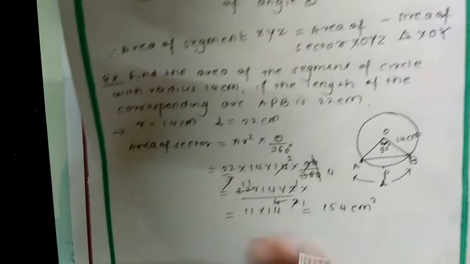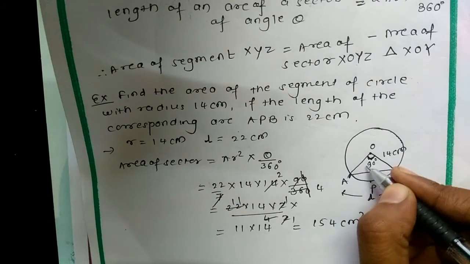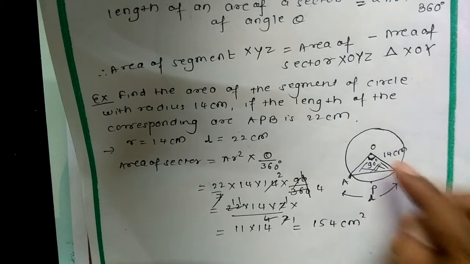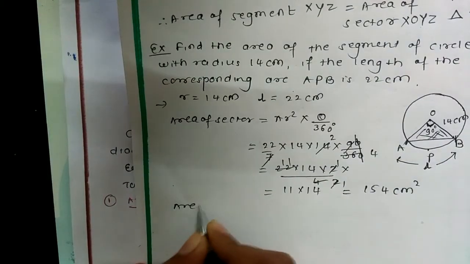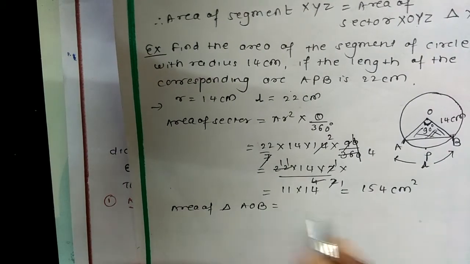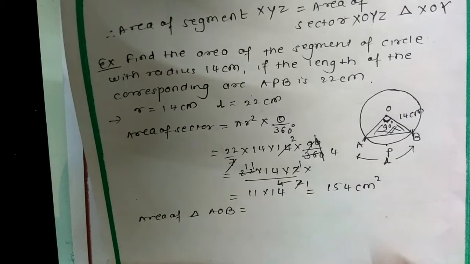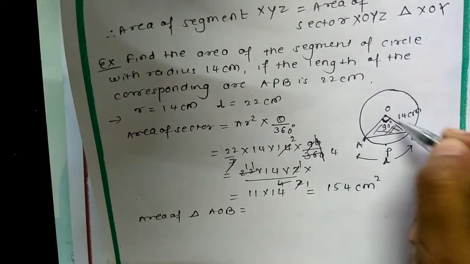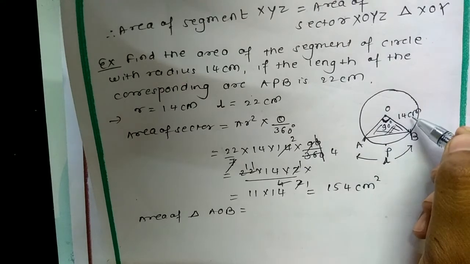Now we'll find the area of this triangle, because to find the area of the segment, from the sector area you have to subtract the area of the triangle. So the area of triangle AOB. The formula for the area of a triangle is half base into height. As it is a right angle triangle, we will take OB as base, that is 14 centimeter.